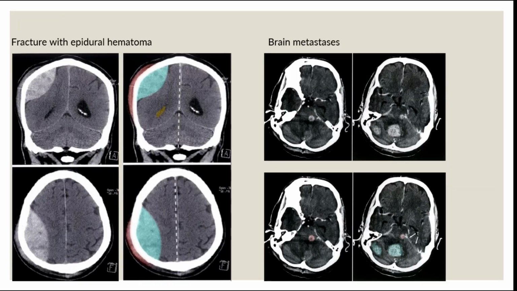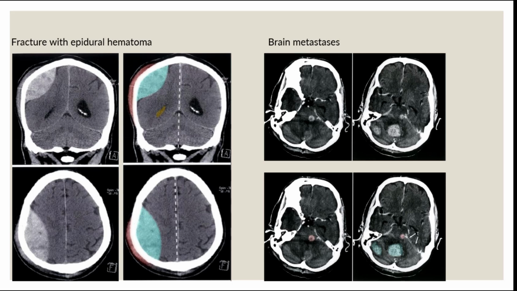These are some examples of how CT appears on imaging. We can see the fractures of the skull. I don't know if you can see it, the red one, and we can see epidural hematoma.